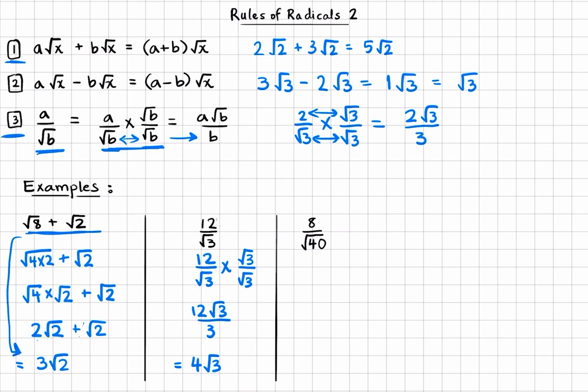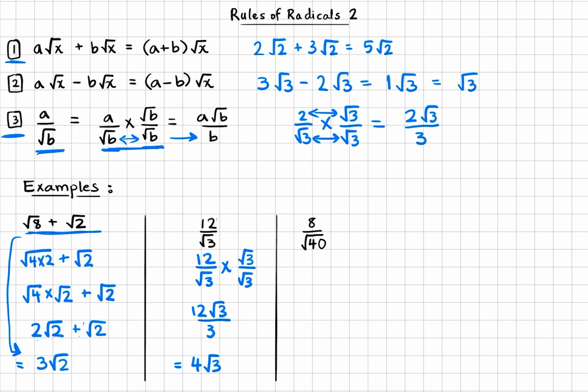All right? Okay, last one. This last one is going to take a few more steps to do. And there's a couple of ways to go about it. The way I will show you here is first, well, we see a fraction as well, right? And we see a denominator that is a square root.